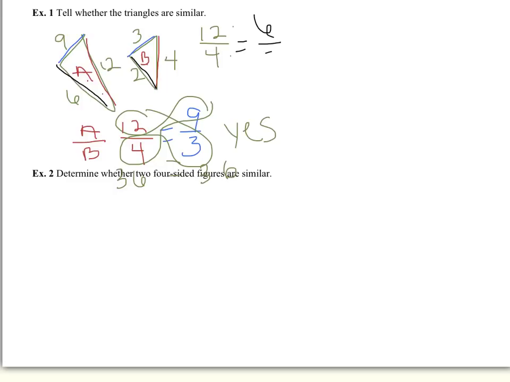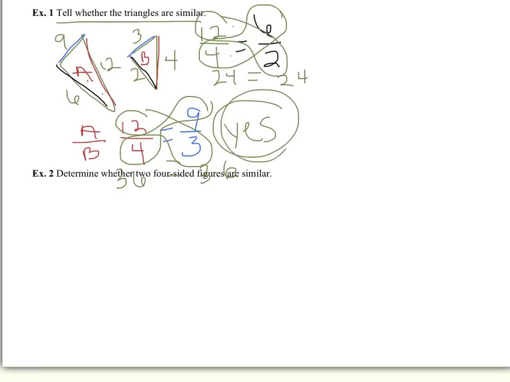So I have 6 to 2. Again I can check to make sure everything's proportional, because I have 6 times 4 this time, which is 24. And I also have 2 times 12, which is 24. So, tell whether the triangles are similar. Yes. Your worksheet will give you angle measurements, and that'll tell you the angles are congruent, because that's the other condition to be similar.